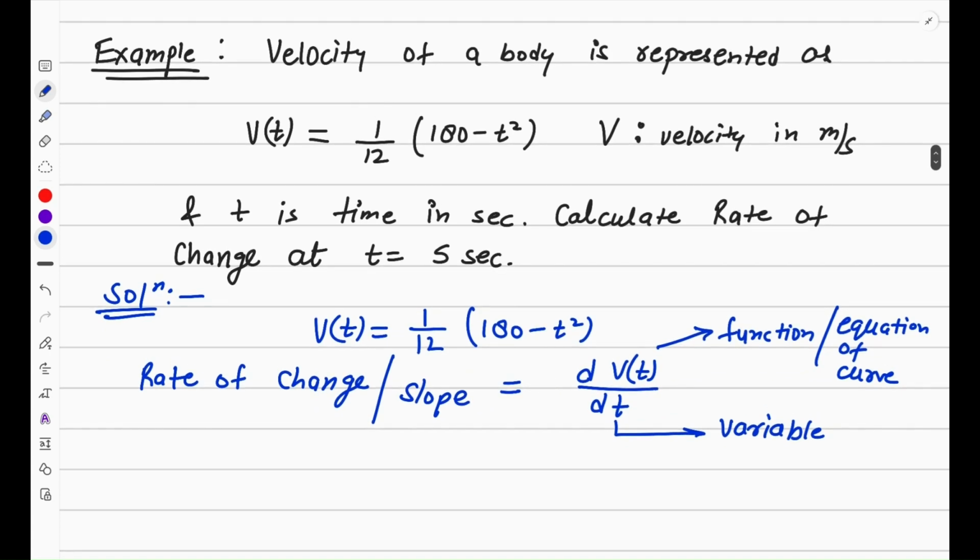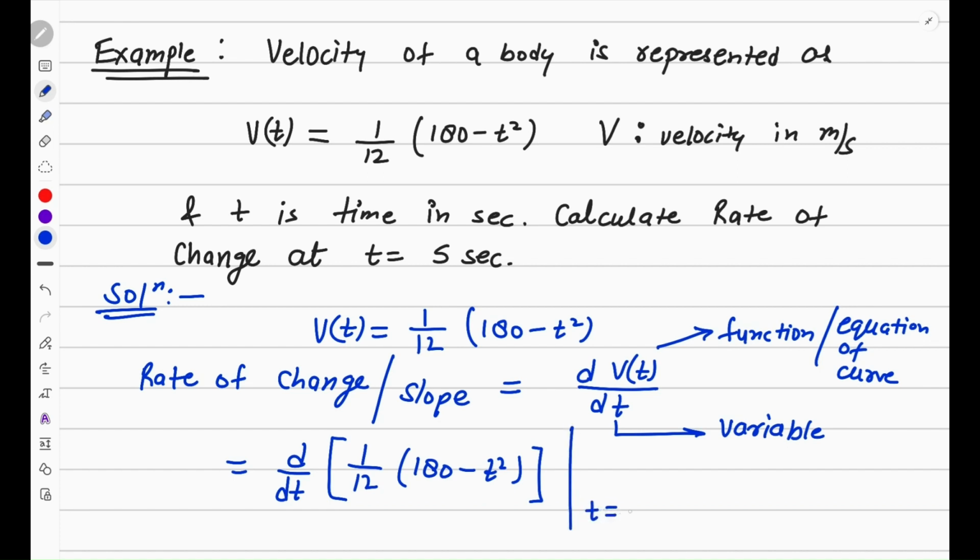So the rate of change is dv over dt, and the function is 1 over 12 into (180 minus t square), and we want to calculate it at t equal to 5.